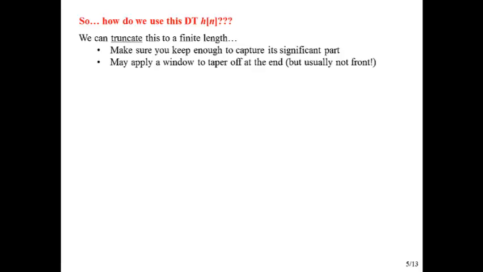And if you made it this long and you get some results, and you make it a little bit longer and the results look pretty much the same, then maybe you found that you already have the most significant parts. Now, another thing that we often might try to do is apply some sort of windowing taper at the end. Usually not at the front, right?